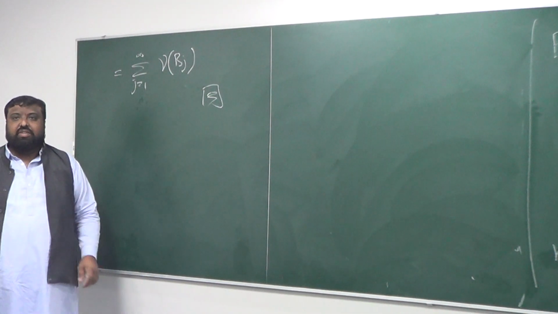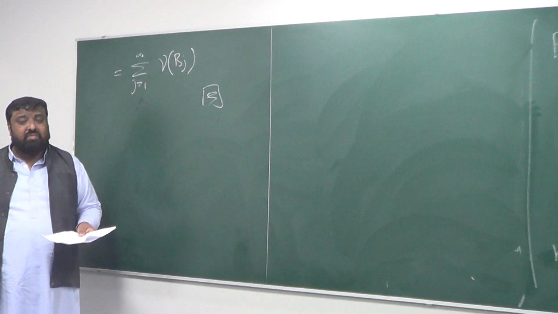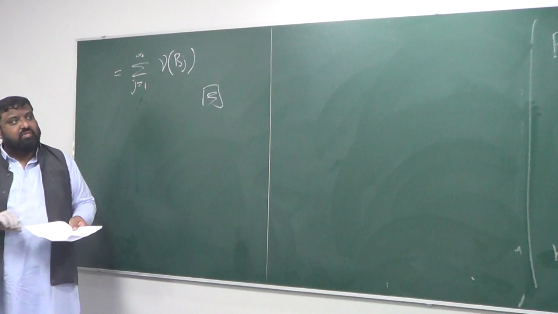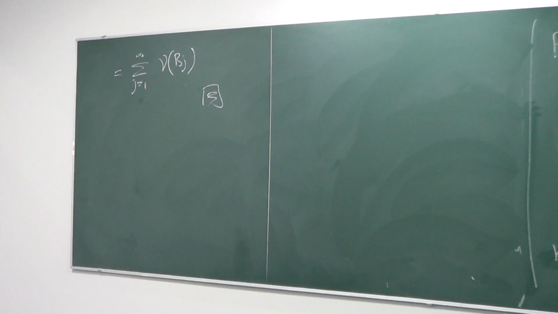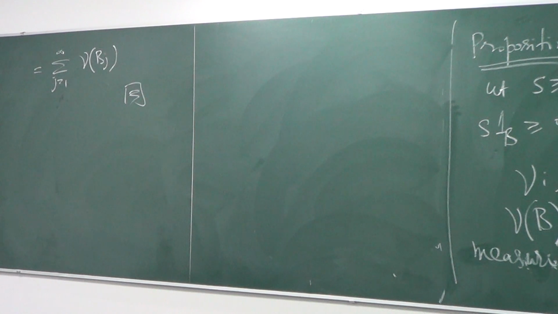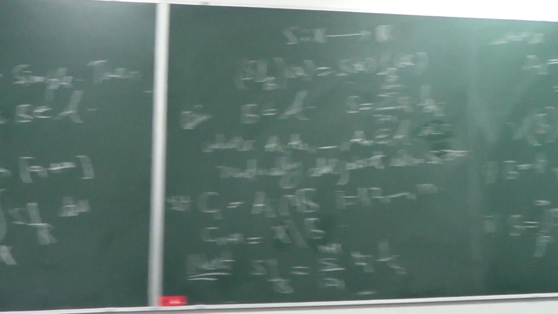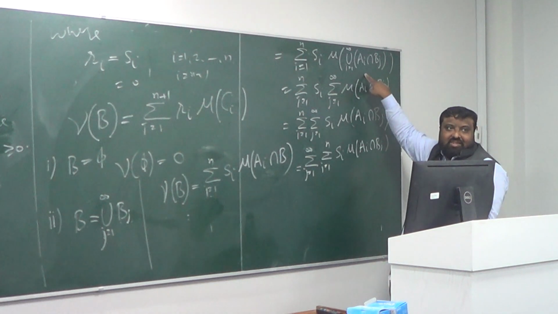Sir, from the first line to the next step, you used the measure property of mu, right? Yes, we have used the additivity of mu. You have to think about why they are disjoint, why A_1 intersection B_1 is different from A_2 intersection B_2, and so on.